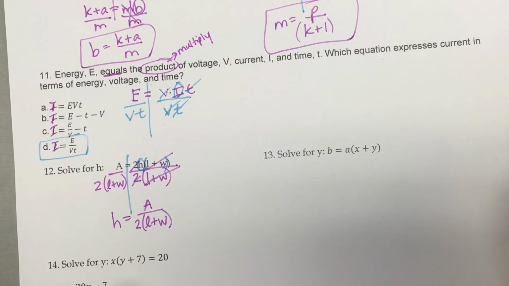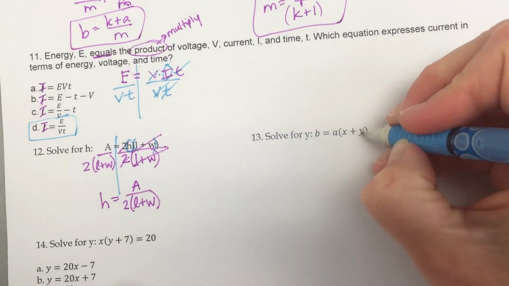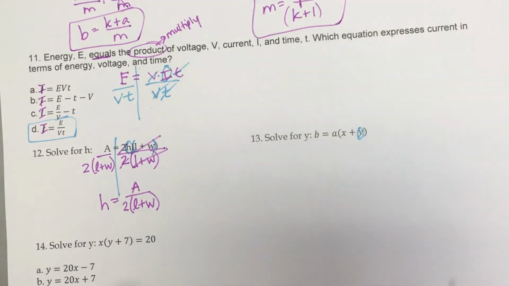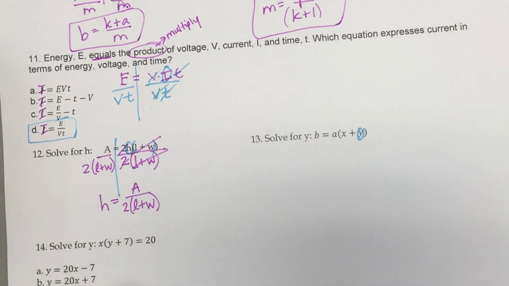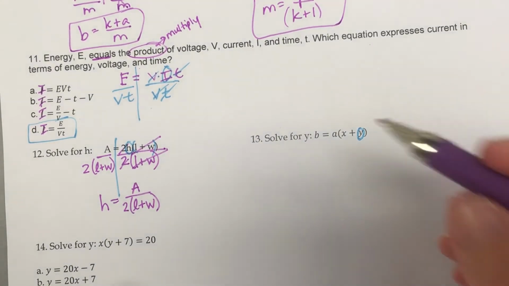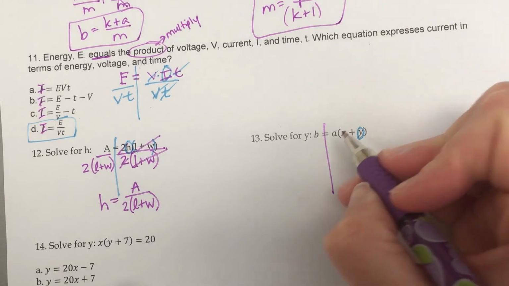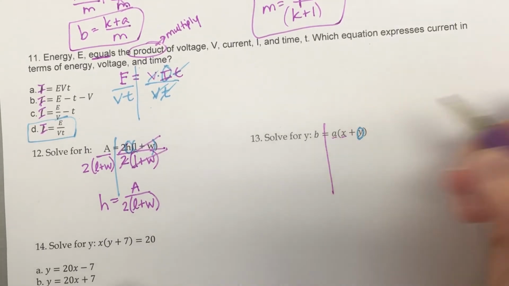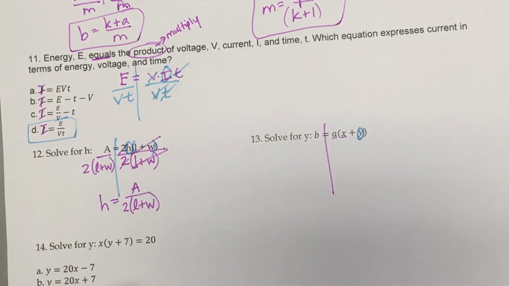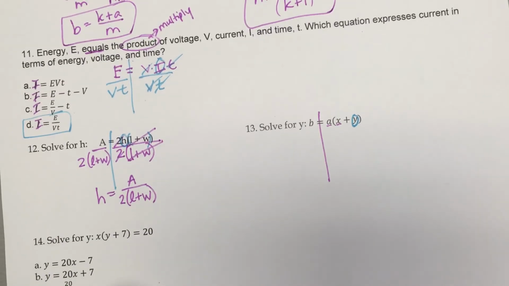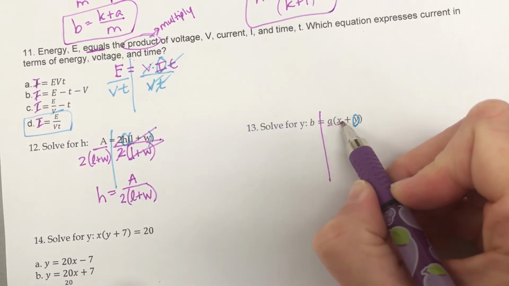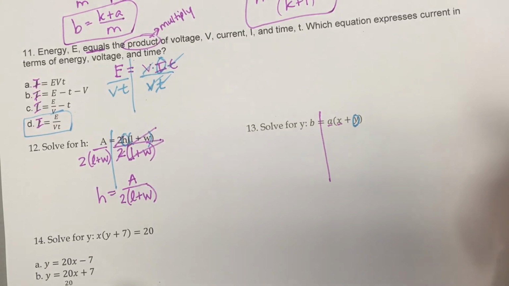All right, 13, solve for y. Ooh, this time y is inside the parentheses. All right, so we're trying to get y by itself. So we're going to have to move the x, and we're going to have to move the a. We can't move them at the same time because one's inside the parentheses and one's outside.